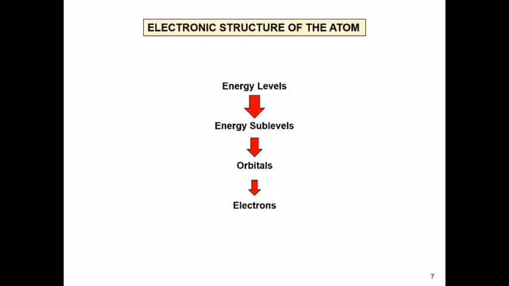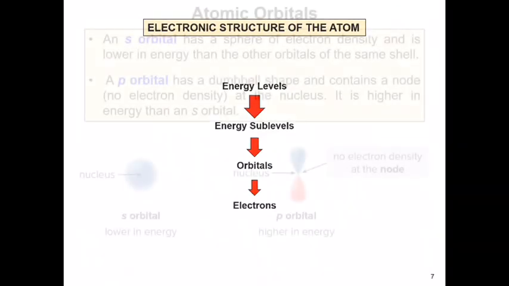There's an S orbital in the S sublevel, 3 different P orbitals in the P sublevel, 5 D orbitals in the D sublevel, and 7 F orbitals in the F sublevel. And finally, the electrons reside in these orbitals with quantized spin values of positive half and negative half, which means they either spin up or spin down.